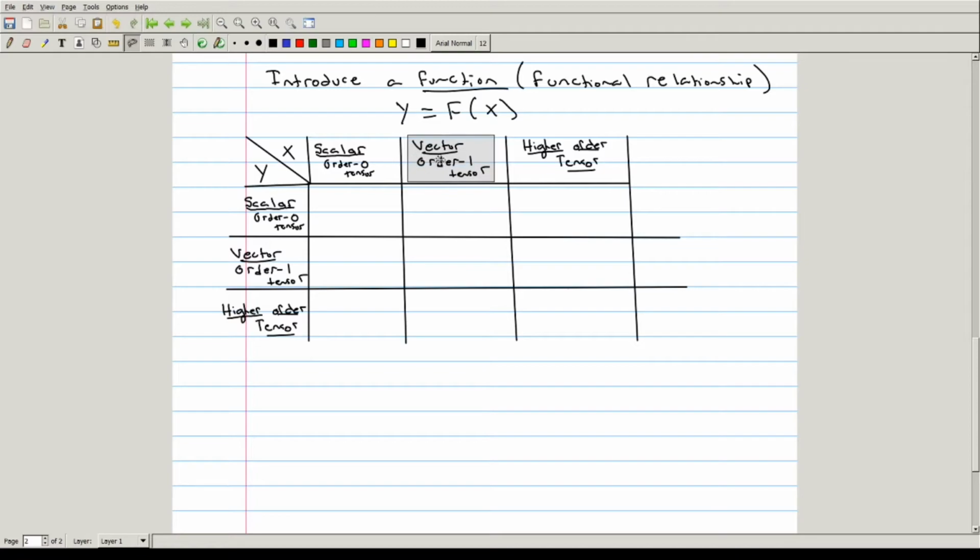So we just want to give a brief description of what each one of these objects is and where we're starting in this course, and what we'll end up generalizing to in this course.